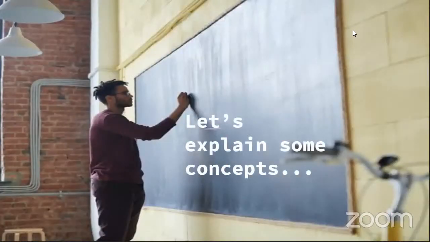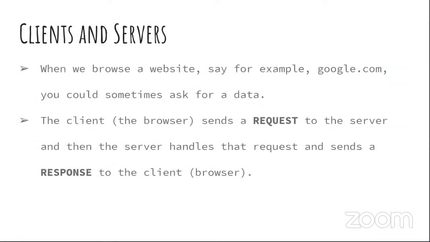Let me start by explaining some concepts for you because to understand what we're about to code, you have to understand how servers work. So, clients and servers. When we browse a website, for example, when you go to google.com, you are basically asking for data.